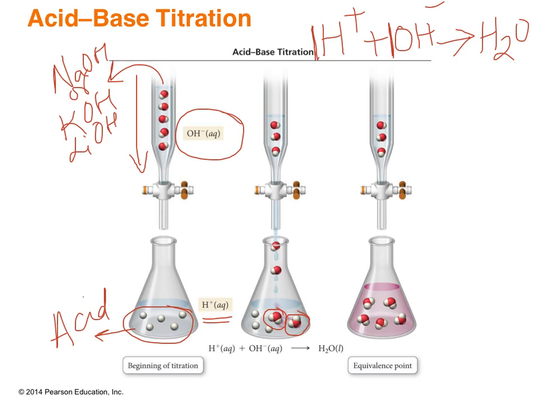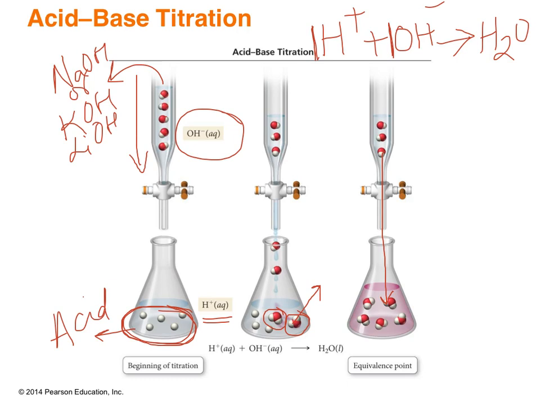So every time an H plus comes in contact with OH minus, a water molecule is formed, and after all the 5 H pluses are completely used up, once the OH minus comes in here, there is no H plus for it to react with.